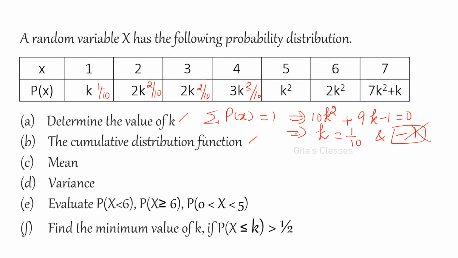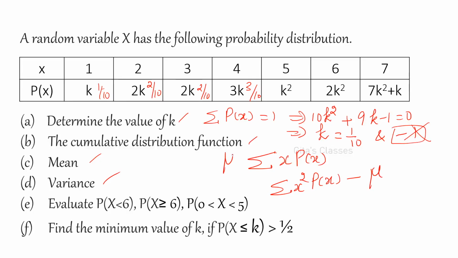And mean and variance. Continuous random variable is not there. Only discrete is there in your syllabus. You need not go through continuous random variable. So mean and variance. Mean means what? How will you find out? Sigma x into P of X. Just multiply. And variance is sigma x squared into P of X minus mu.